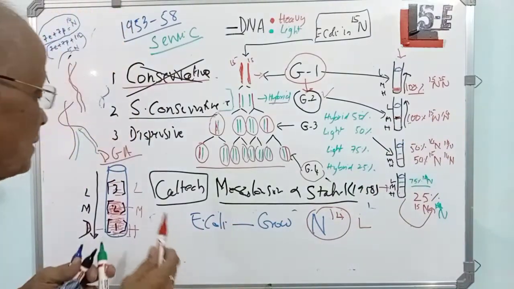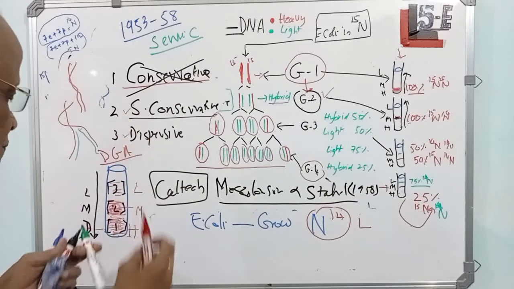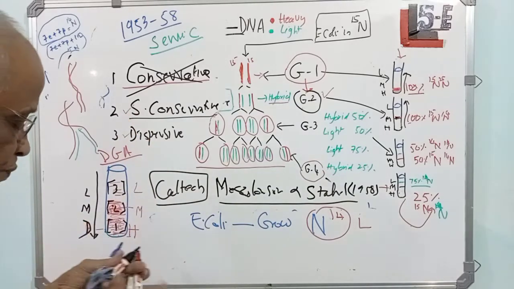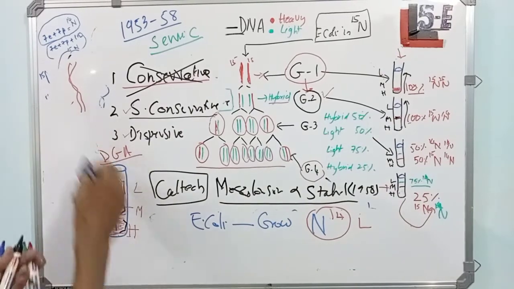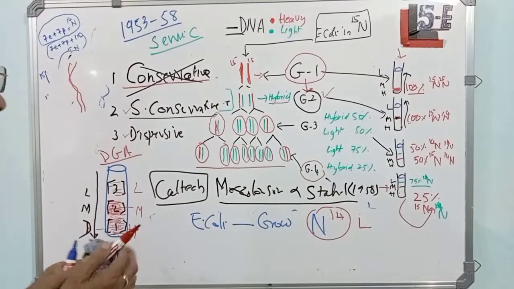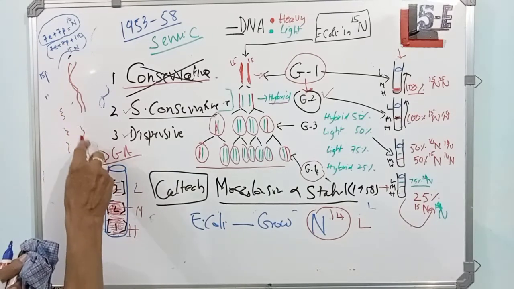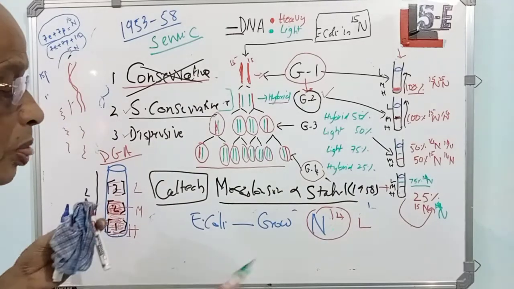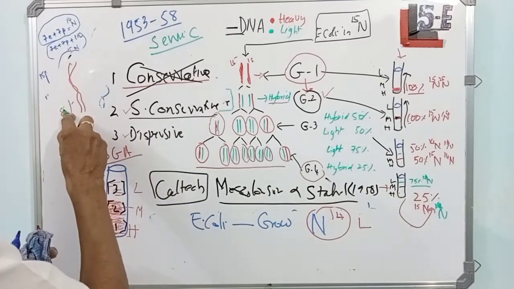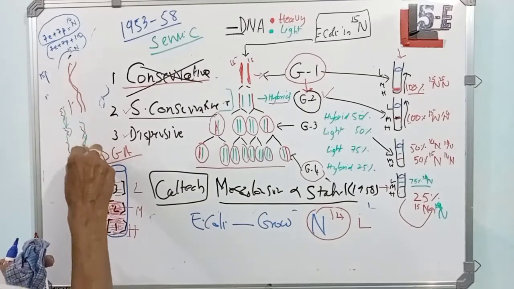Then they thought it may be either semi-conservative or dispersive. What happens in the dispersive type? I will just check. In the dispersive type, the parental DNA breaks here and there, and then the new one will develop according to this one, and ultimately they will form.